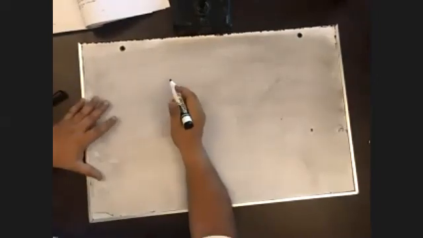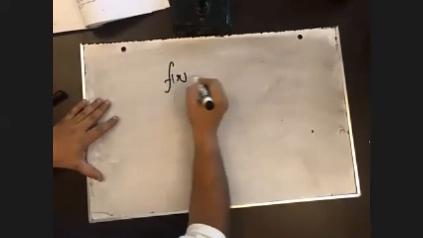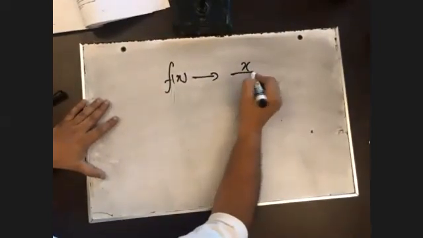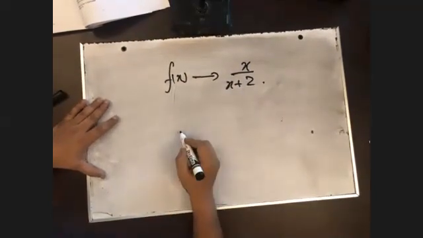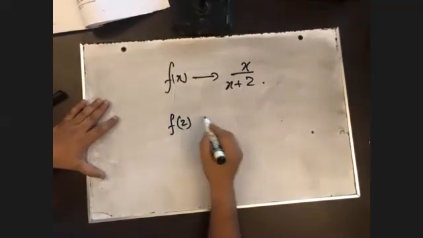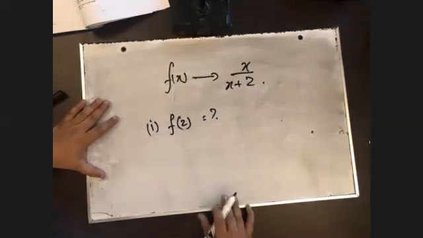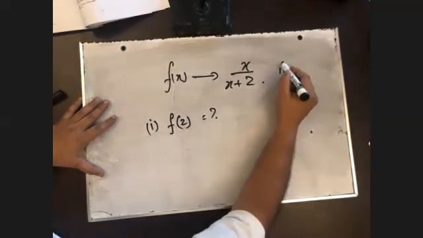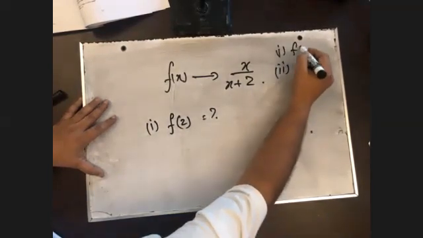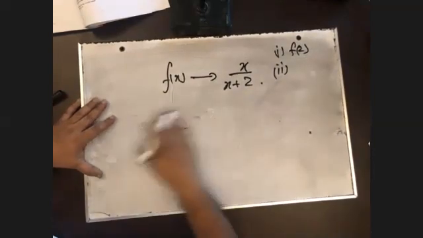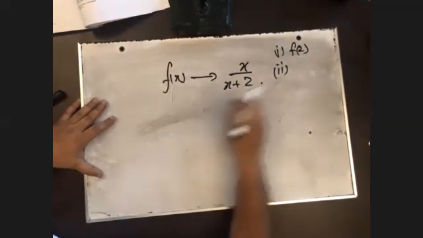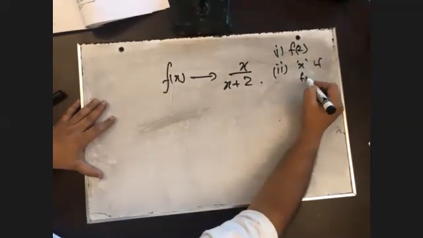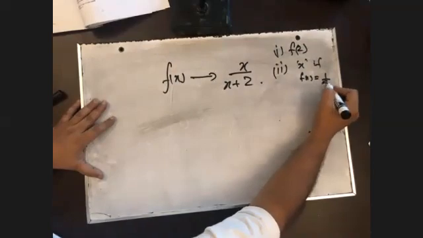Okay, everybody, f(x) is given as x divided by x plus 2. Please find the value of f(2). That's the first part. And the second part says, find the value of x if f(x) is equal to 1 divided by 5.